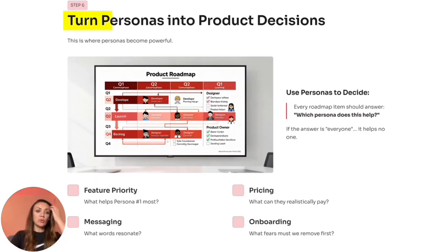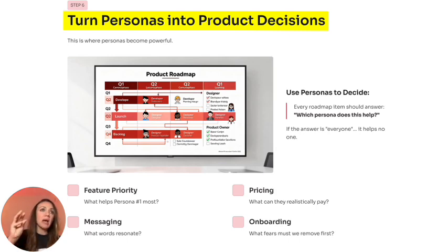All right, so you want to turn personas into product decisions. Once you've built those personas, that's the map where you can see which features to build based on their needs and how many of similar users need the same feature. So if the majority of your users need feature A, you're going to build that versus feature B that maybe only a niche of people will need. You will also want to see who's going to be paying.